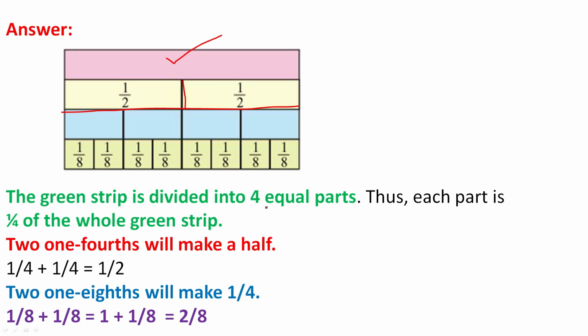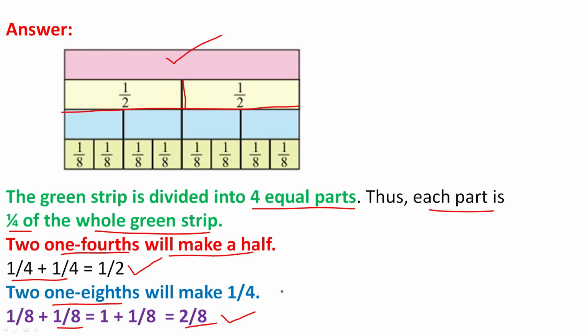So the green strip is divided into 4 equal parts, thus each part is 1/4 of the whole. 2 1/4s will make a half. 1/4 plus 1/4 will make half. 2 1/8s: 1/8 plus 1/8, you will get 2/8. If the denominator is the same, 8 here and also 8, you can add the numerators alone, so it will become 2/8.